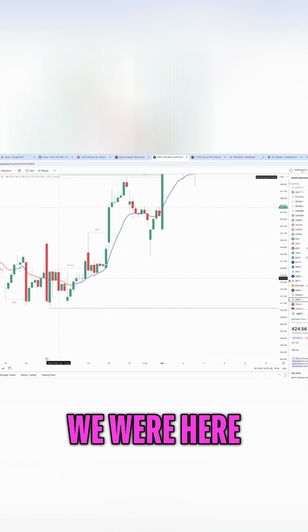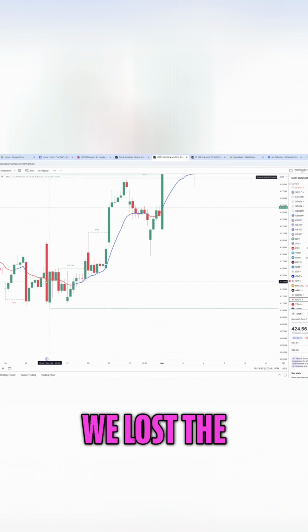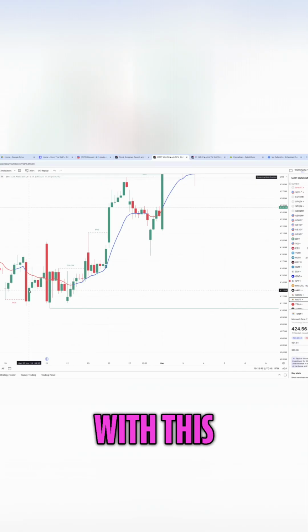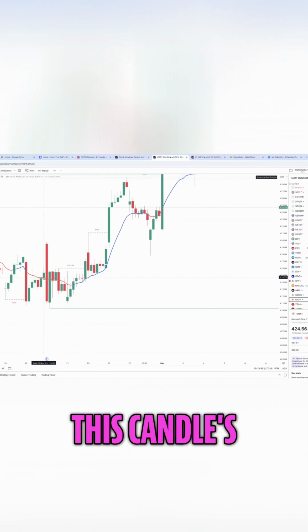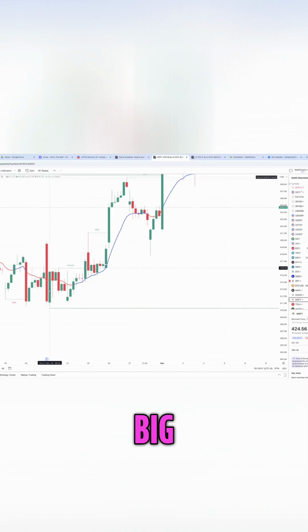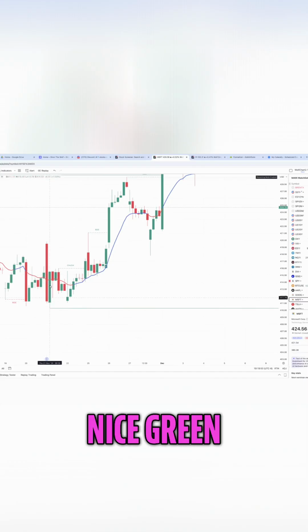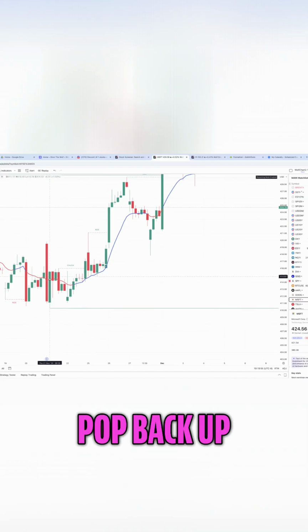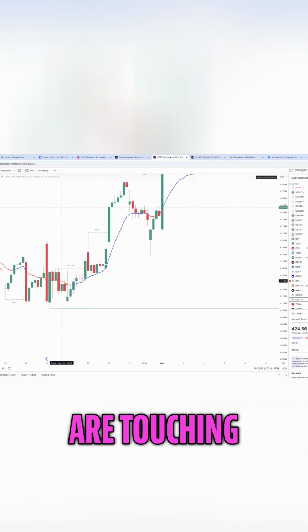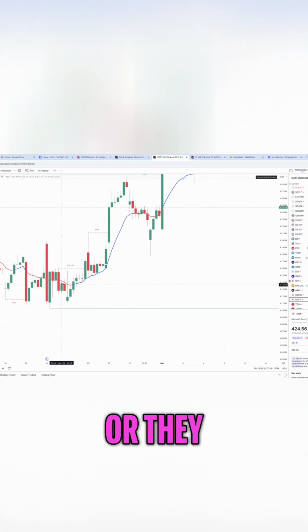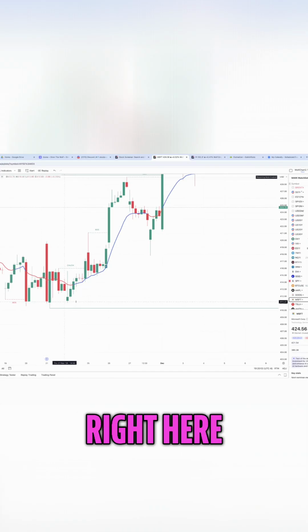We were dropping, we lost the 12 EMA here with this candle, and then it tried to get back above it here. This candle's touching it. That candle, we had this big red candle come down, and we had this nice green candle to pop back up. But all of them are touching the 12 EMA, so they are not getting back above it to reverse the trend, because it's in a downtrend right here.